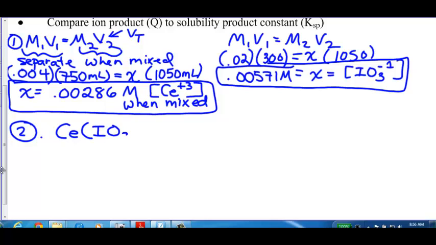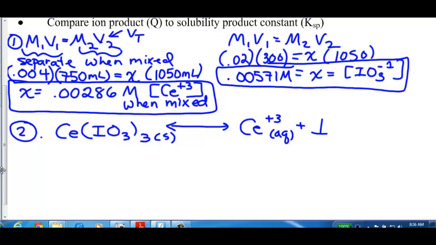It seems kind of backwards, but that's what KSP is for. If we want to compare Q to KSP, it has to be for the same reaction, which is always the dissolution reaction. So this is our solid, and that will dissociate into Ce plus 3 and 3 IO3 minus 1.